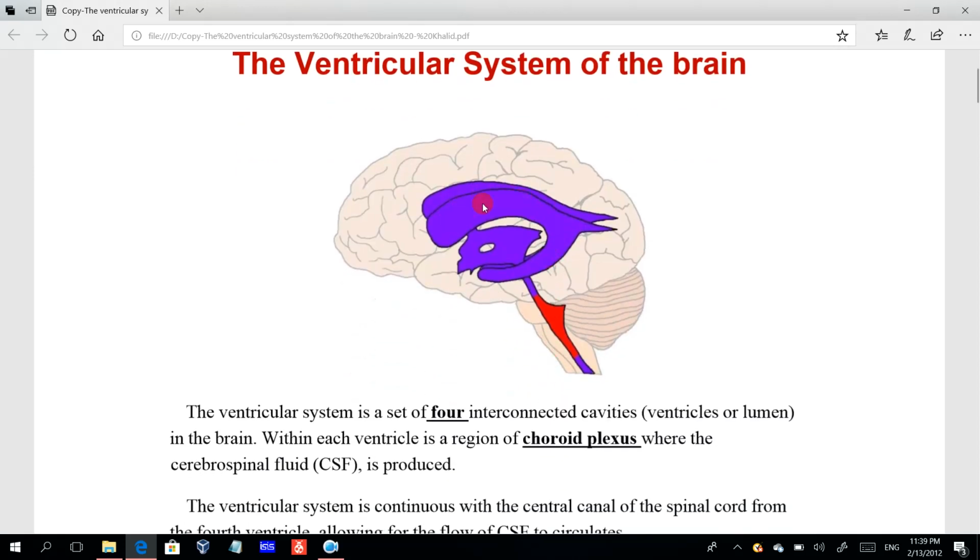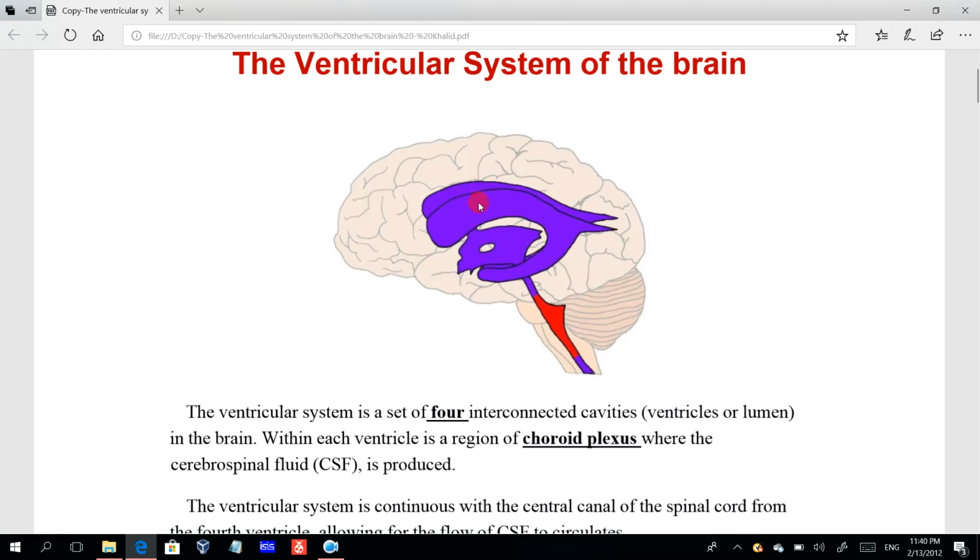This is actually like cavities or lumens within the brain tissue. And this system is composed of many cavities, actually four ventricles. The first one is the lateral ventricle.